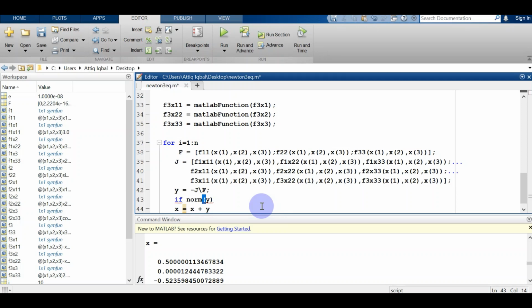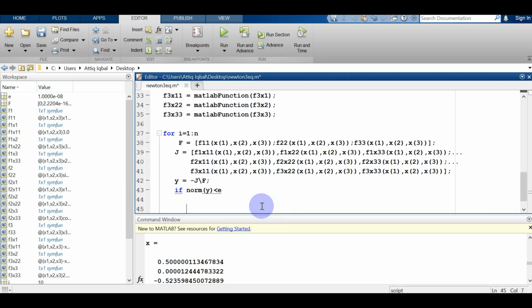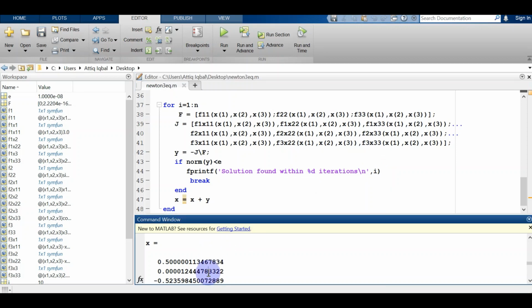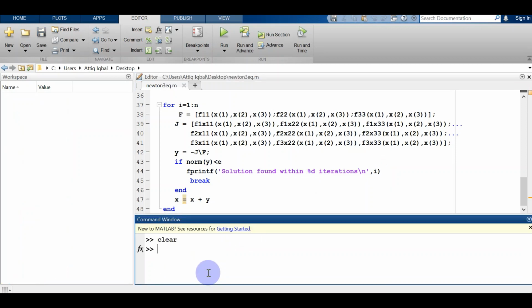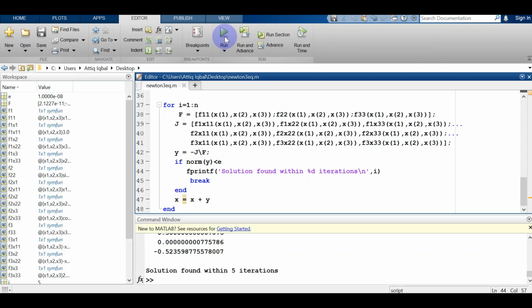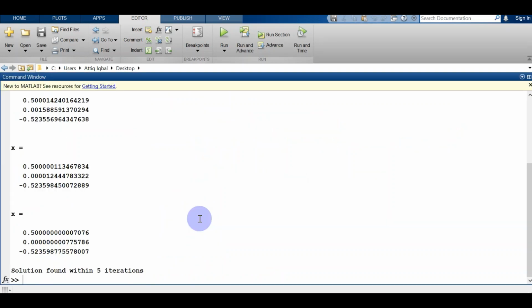So if the norm of y is less than the tolerance, then I should break this loop, and before breaking I should display in how many iterations the answer came. I just use the fprintf command: solution found within i iterations. So let's run this code again and see up to 8 decimal places. The answer came in 5 iterations. Solution found in 5 iterations.